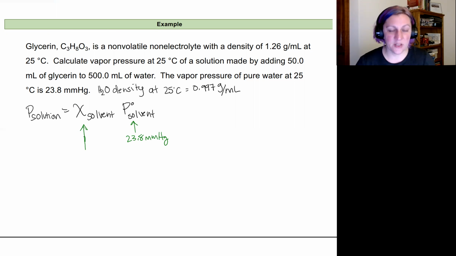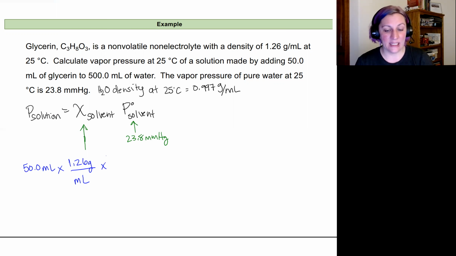For this one, what I'm going to do is figure out the moles I have of glycerin, and the moles I have of water. And from there, I can calculate my mole fraction. So I'll start with the glycerin. I've got 50.0 milliliters, and I know its density, so I'm going to multiply that by the 1.26 grams per milliliter. And then I'll multiply this by the inverse of its molar mass, so I can get this into moles instead of grams, which I don't really want.